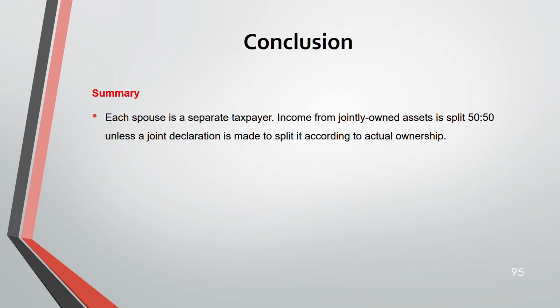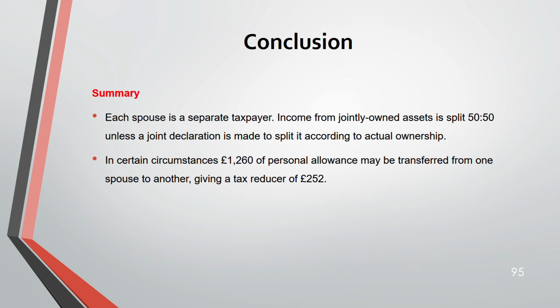Now each spouse is a separate taxpayer. In certain circumstances, one spouse could transfer to another spouse 10% of their personal allowance. What is your personal allowance? 12,570, and 10% of it will be 1,257, but they have taken a round figure. Therefore, that's how you get 1,260.